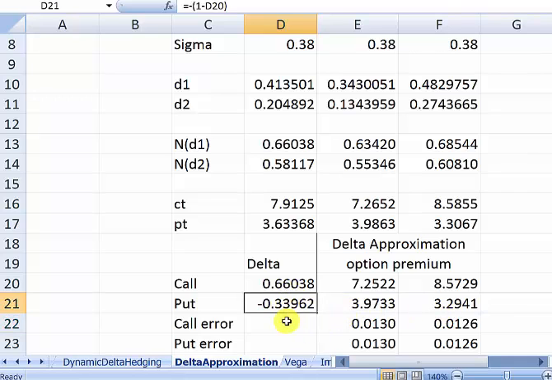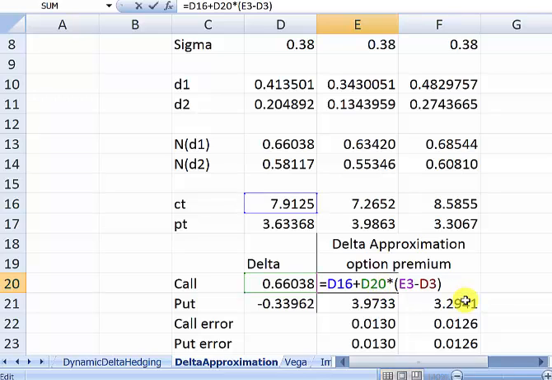So it's exactly very close to 34%. Okay, as we have said, if there's a $1 change in the underlying price, then to approximate the call premium you use delta times the change in the underlying price.